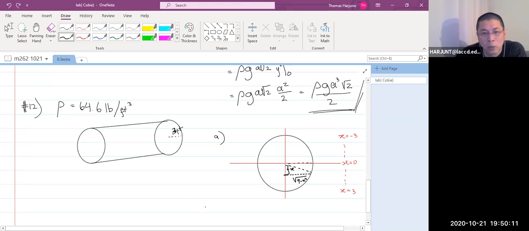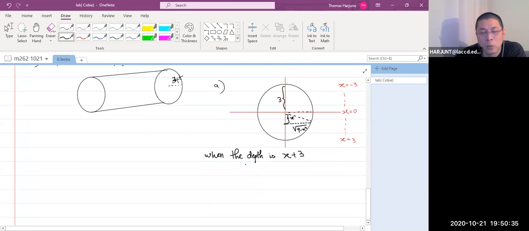So when the depth is x plus 3, because if this is x, you need to add this 3, the width is 2 times square root of 9 minus x squared.